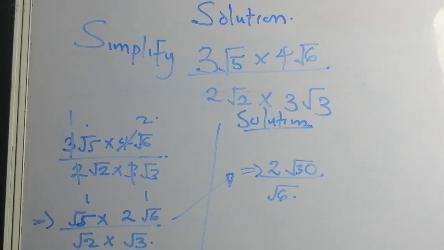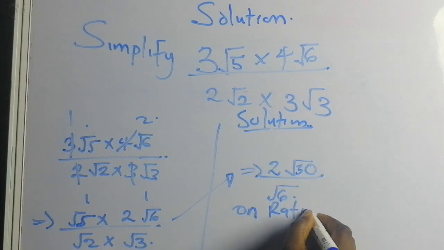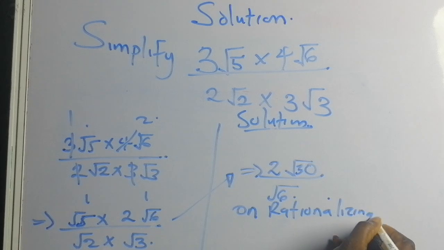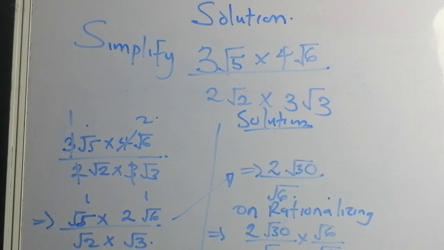So that is very simple. On rationalizing, I will have 2 root 30 over root 6 times root 6 over root 6. It's as simple as that.